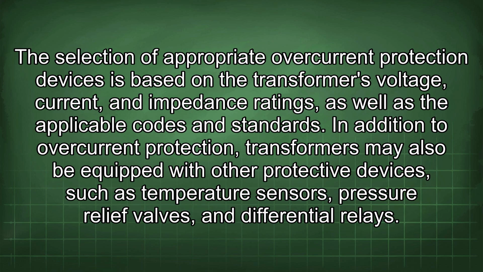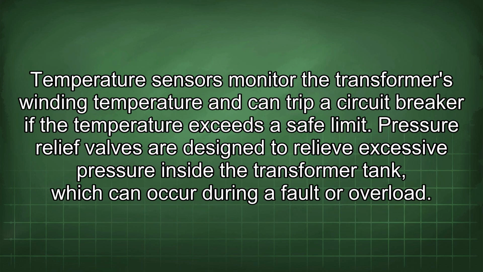In addition to overcurrent protection, transformers may also be equipped with other protective devices, such as temperature sensors, pressure relief valves, and differential relays. Temperature sensors monitor the transformer's winding temperature and can trip a circuit breaker if the temperature exceeds a safe limit. Pressure relief valves are designed to relieve excessive pressure inside the transformer tank, which can occur during a fault or overload.